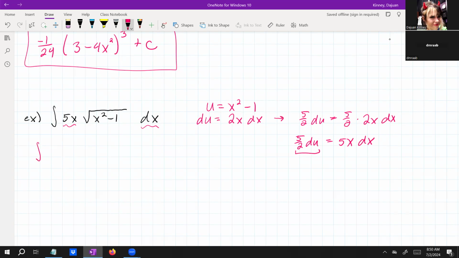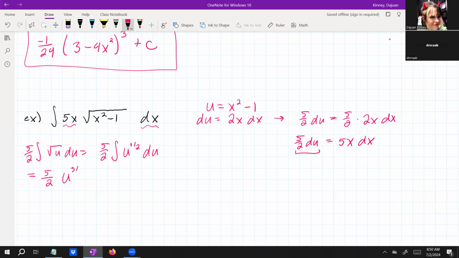So this turns into, I'm going to throw u on the outside, square root of u du, which is 5/2 u to the 1/2 du, which gives me 5/2. Okay, add 1 to the exponent, not subtract 1.